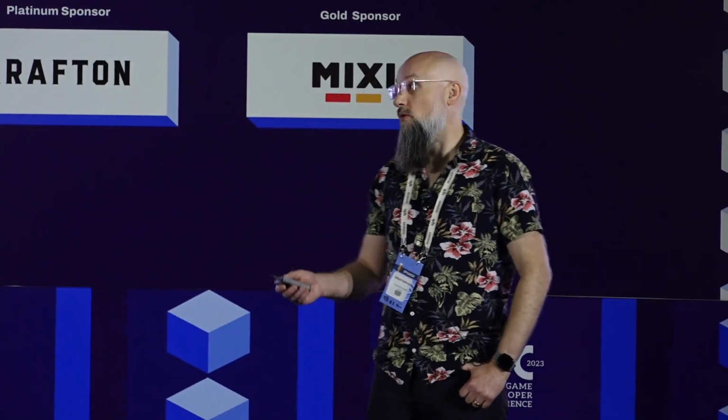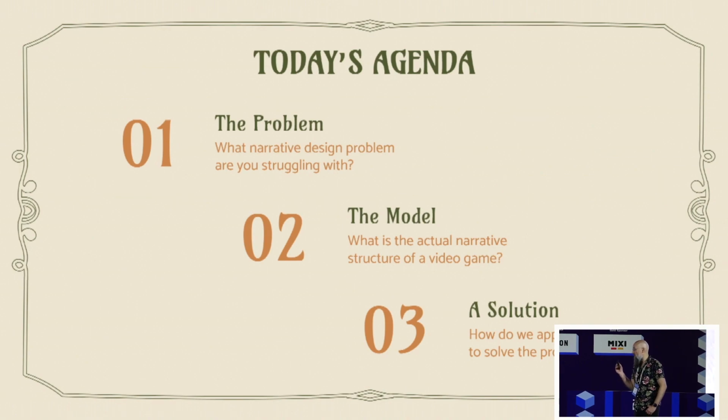So the agenda for today is basically looking at, first of all, the problem that we were dealing with on Victoria 3 during development. But rather than going straight into how we solved that, I'm going to take a quick detour and talk about different models of describing interactivity in video games and how we can then use those models to help us define what the solution could be better.